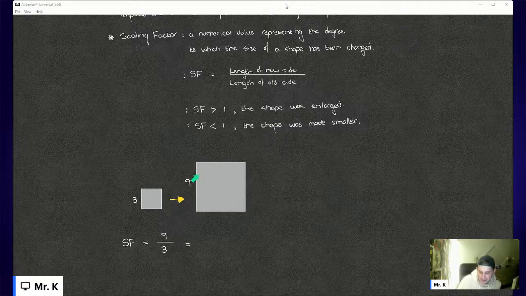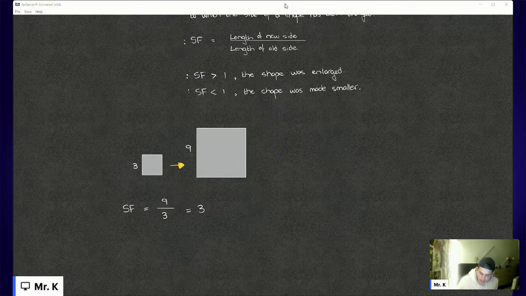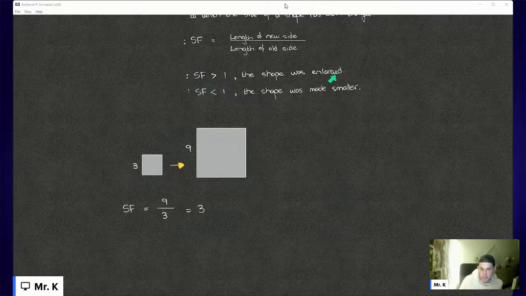So if it's become 9, but it was originally 3, we are essentially working with a fraction of the after value divided by the before value. 9 divided by 3 gives me a value of 3. And if my scaling factor is larger than 1, my shape was enlarged. Is that the case for this section over here? It absolutely is, right? My shape has definitely gotten bigger.